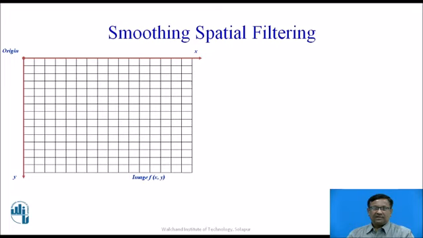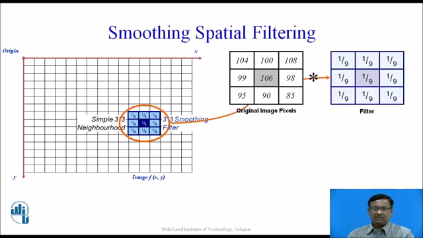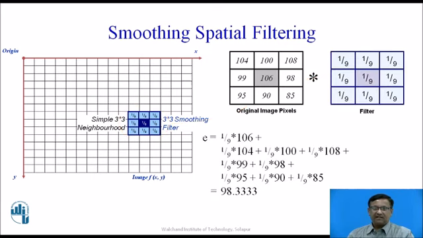Let us see how it works. These are the sample image values we have taken, of size 3 by 3. Then we multiply with the simple averaging filter mask, which contains 1 by 9. The calculation is done like this: corresponding pixels of the original image and the filter mask are multiplied and added together.